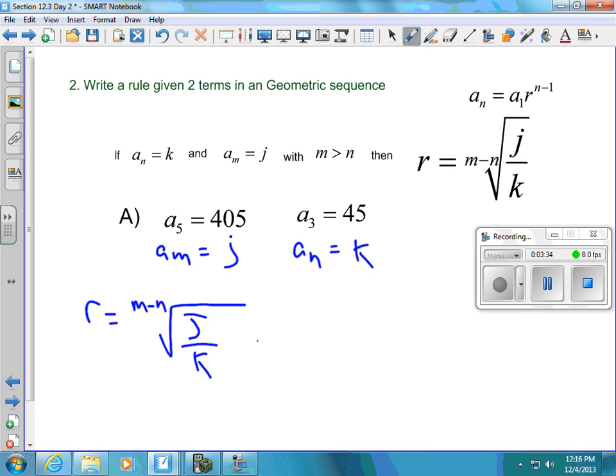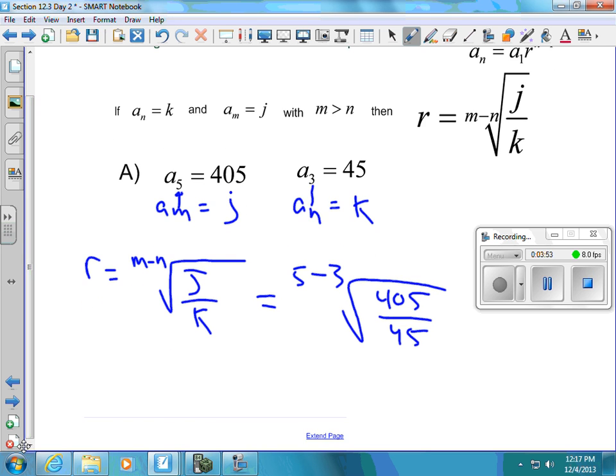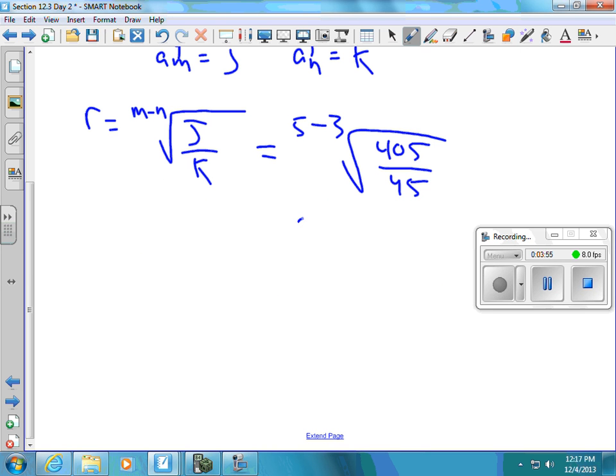So all I'm going to do is plug in. M, that's 5. N, that's 3. So the 5 minus 3 root, that's going to be the square root of j over k, 405 over 45. So 5 minus 3, that's 2. So the square root of 405 divided by 45, that's 9. The square root of 9 is 3.